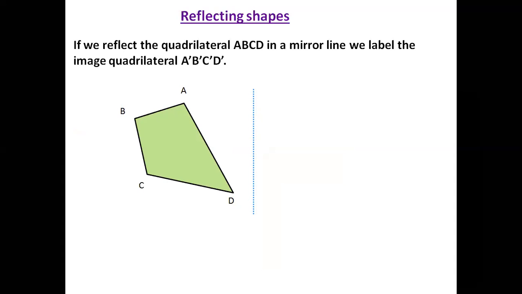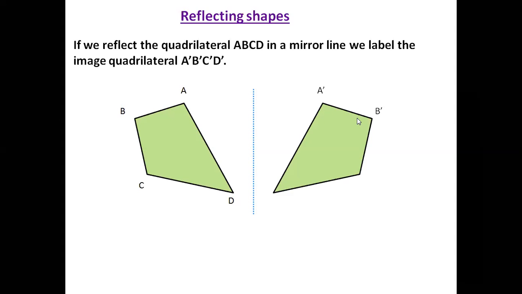Like for example, this quadrilateral, if you reflect it, label your image with L. So you reflect your shape and inside it you write L. Sometimes they tell you, like here, label the image by A prime, C prime, D prime, and so on. And you look, this is your shape. That was A, now this is going to be A prime.